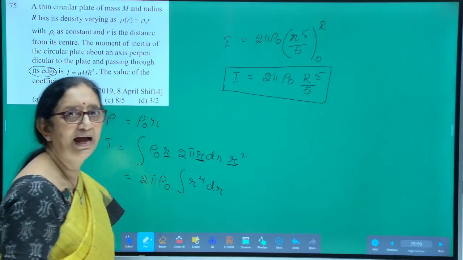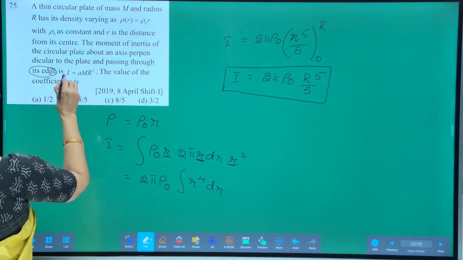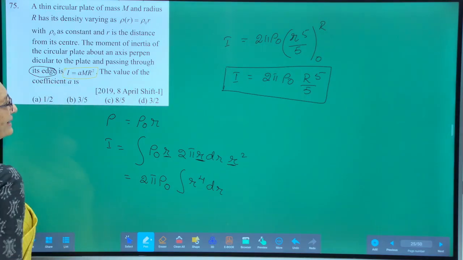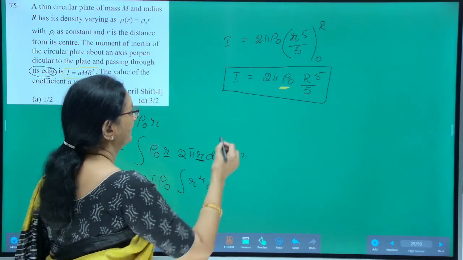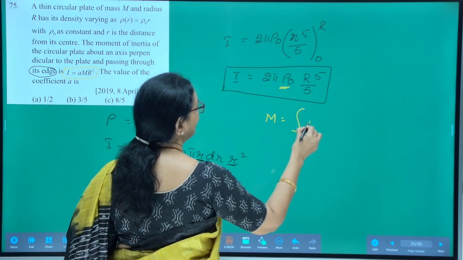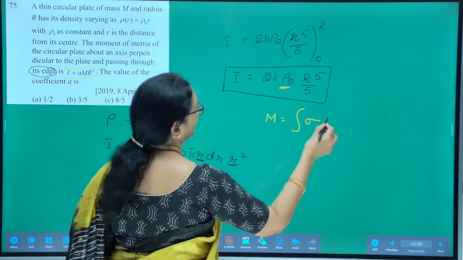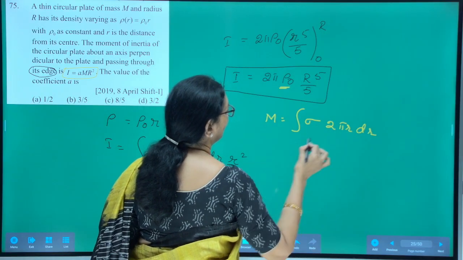But here the answer is not expressed in that form. It is given as alpha m R square. So, this rho naught has to be eliminated. See here, mass is equal to integral sigma 2 pi r dr, right.